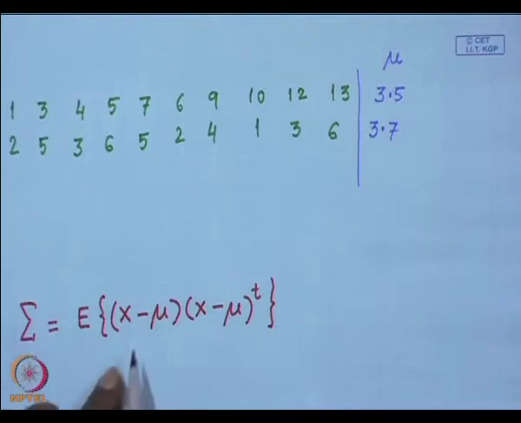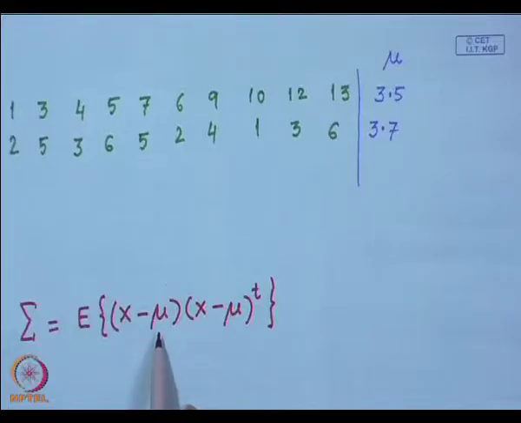Okay. Where these x's are the individual feature vectors and this mu is the mean vector. So, I have to compute x minus mu. So, from every feature vector x, I have to subtract the mean vector which is mu.